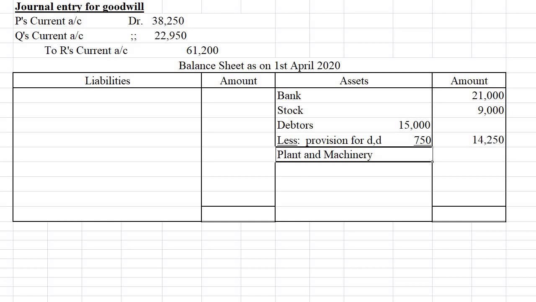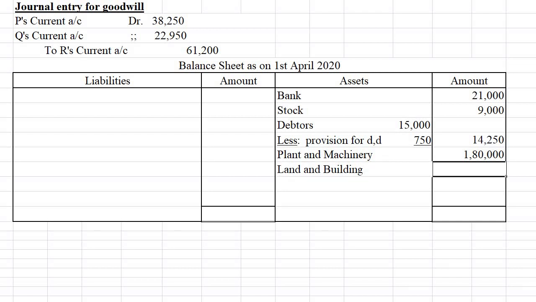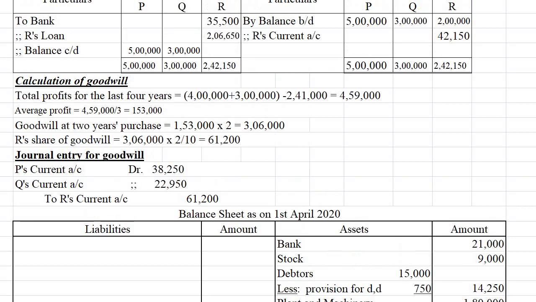Then let us write the next asset, plant and machinery. Plant and machinery, we know that it was a decrease of 20,000. After that 1,80,000 is written. Land and building, we had in the balance sheet an amount of rupees 6 lakh. So that is increased to 6,90,000. Then next we have prepared here P's current account.